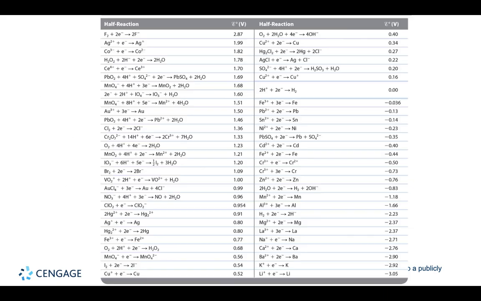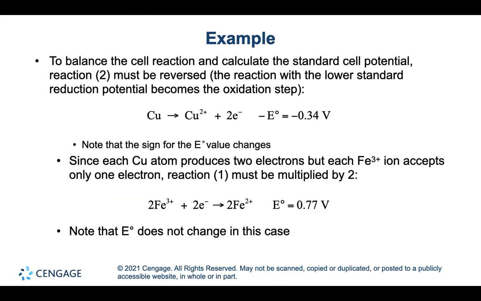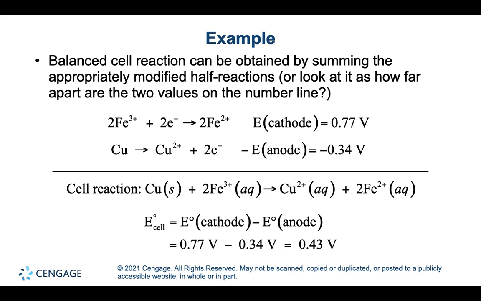The distance between these two reactions, 0.77 volts and 0.34 volts. 0.77 volts minus 0.34 volts, or 0.77 plus negative 0.34, is 0.43 volts.